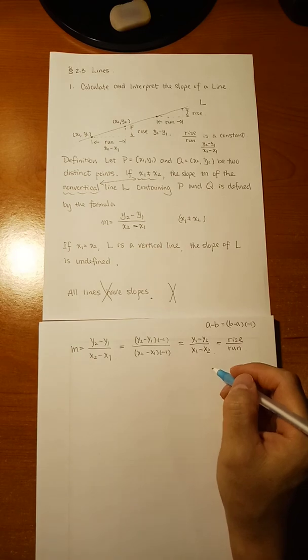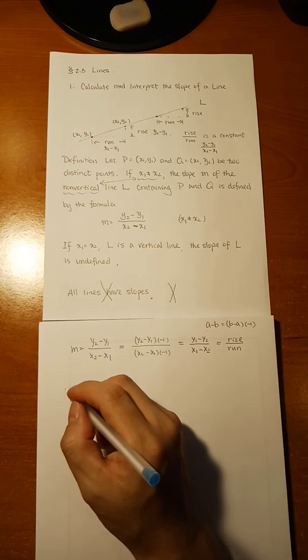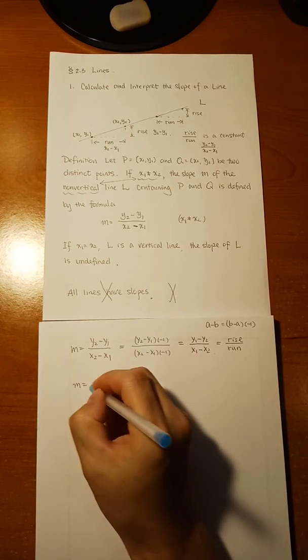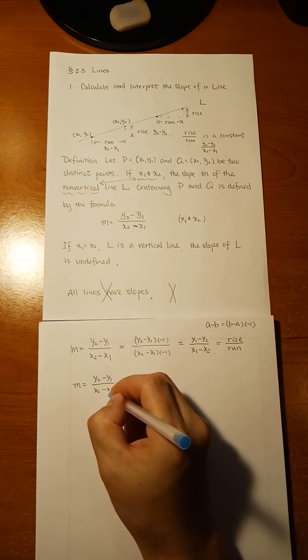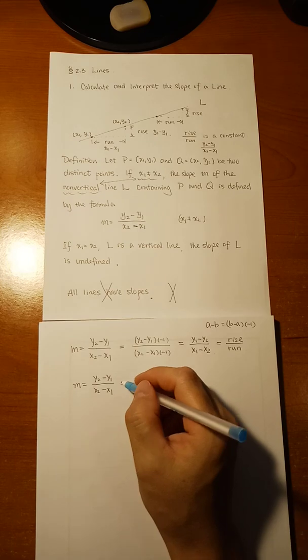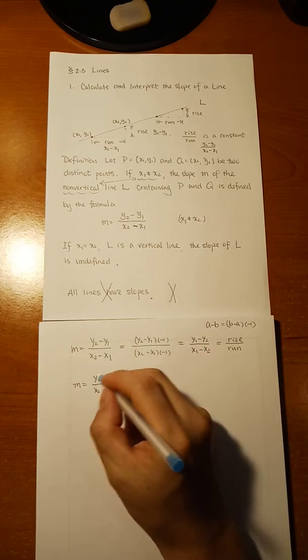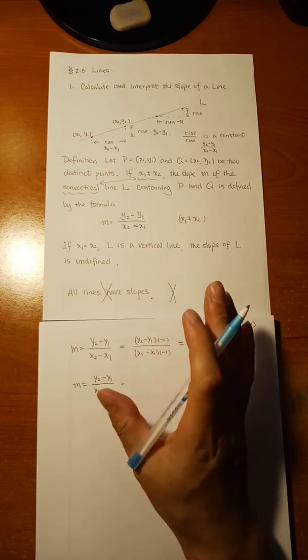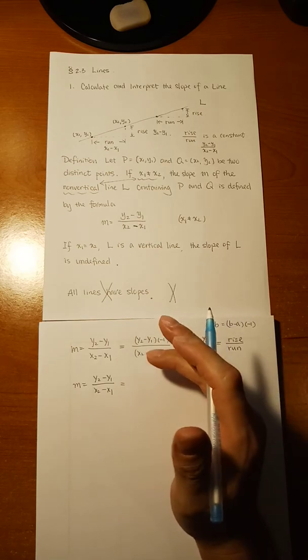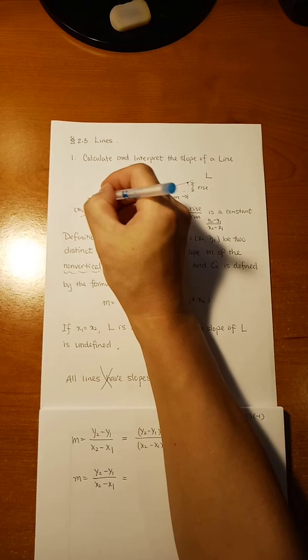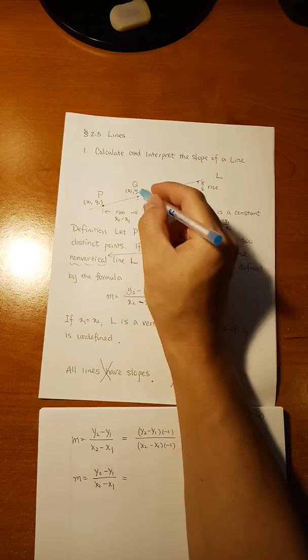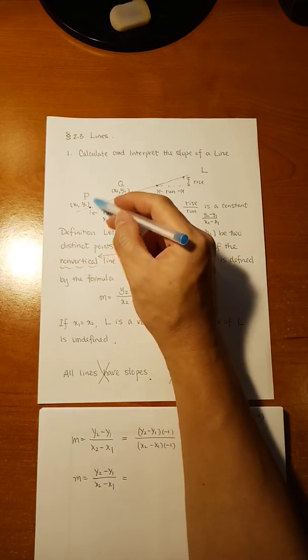The very important concept, slope. And another explanation of the slope is that y2 minus y1 is the change in the y direction. So when you change the point P and Q, what is the change in the y direction?